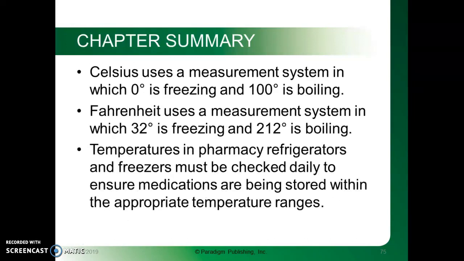Celsius uses a measurement system which is 0 degrees at freezing up to 100 degrees at boiling, while Fahrenheit uses 32 degrees at freezing and 212 degrees at boiling. Temperatures in pharmacy refrigerators and freezers must be checked daily to ensure medications are being stored within the appropriate temperature ranges.